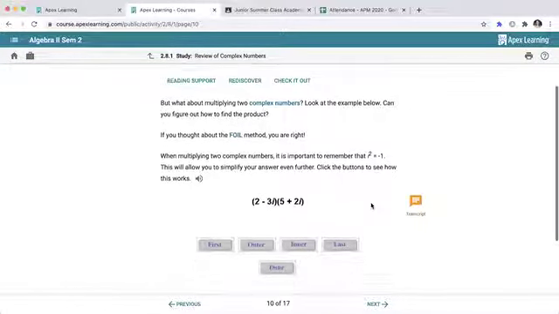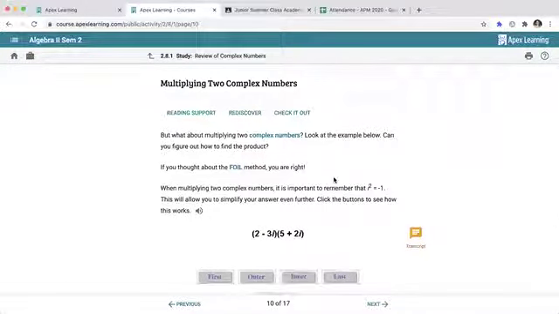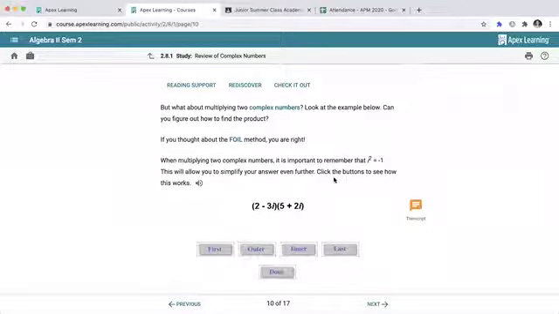If we've got 2 complex numbers here, you're going to use the FOIL method. The only special thing we need to remember here is that when we're dealing with i squared, it's going to equal -1.